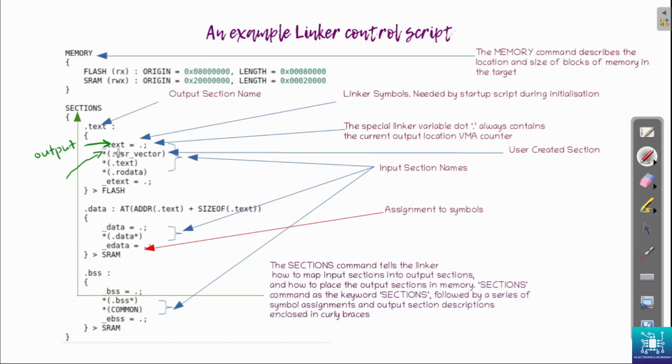If you look at this separately, this could also have been written like this: star isr underscore vector, and then the particular object file that you want to extract this section from.